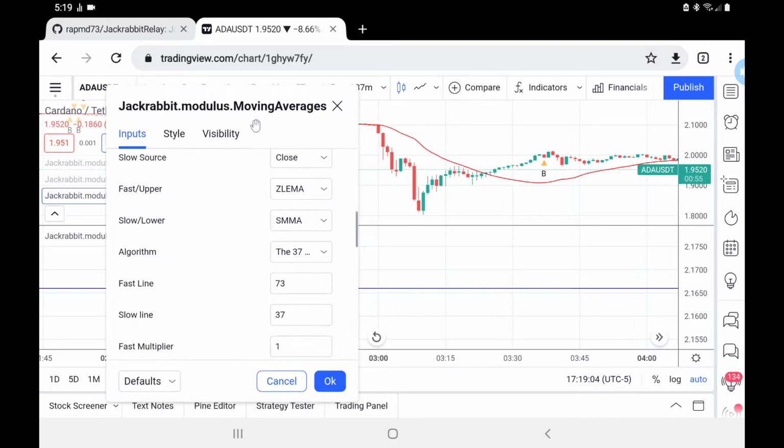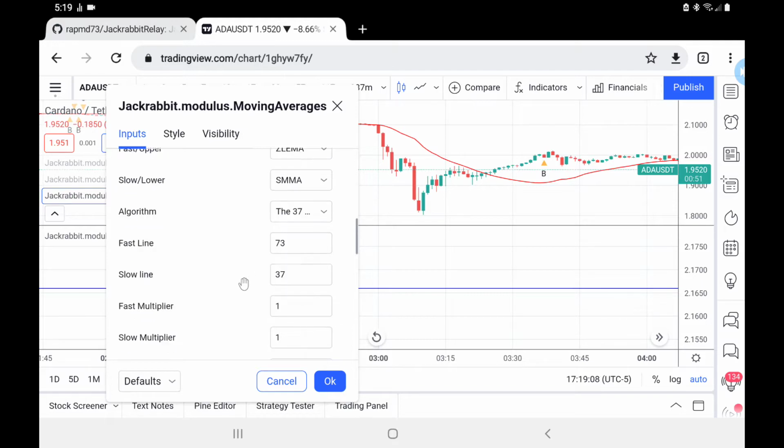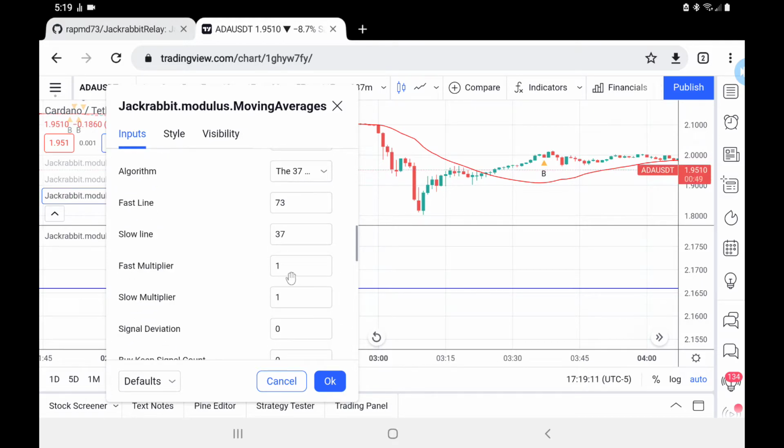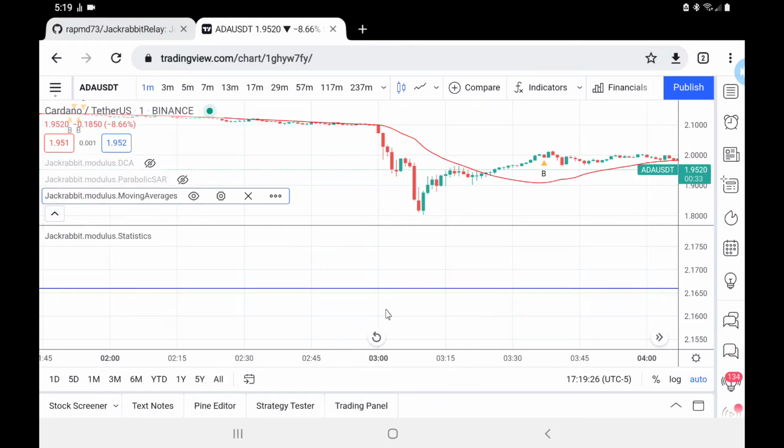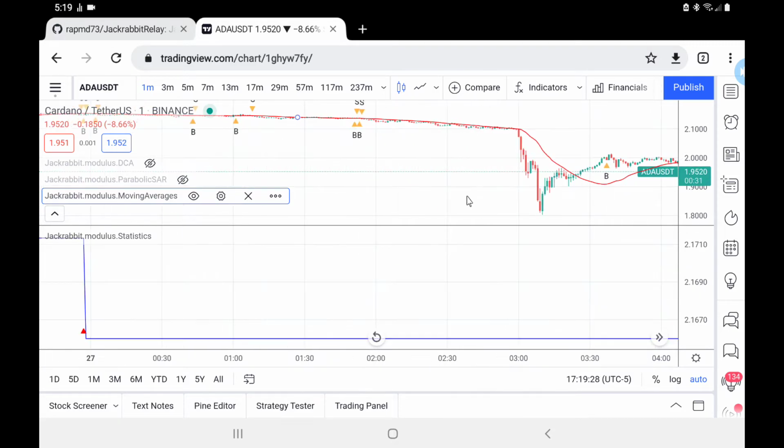There's no inversion or anything along that nature. It looks to pick up a signal when the line changes directions. In this case, when it goes from a downward trend to an upward trend, that is a buy signal. It's very simple and complete.